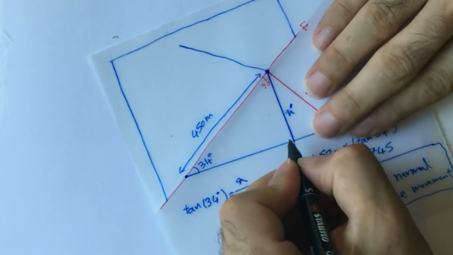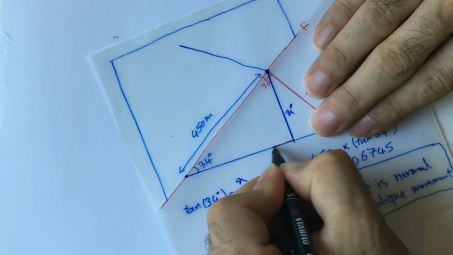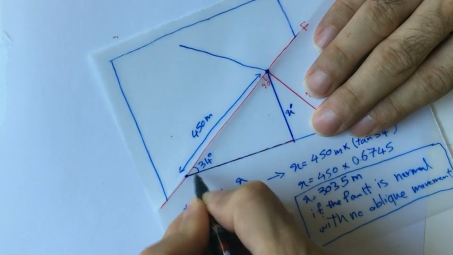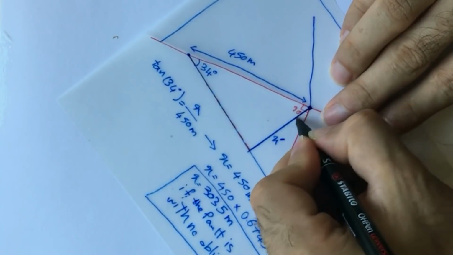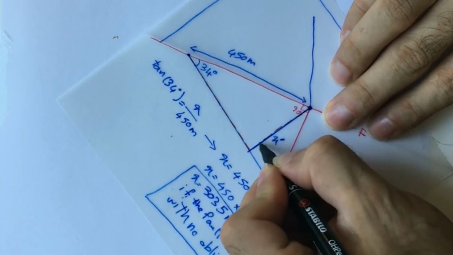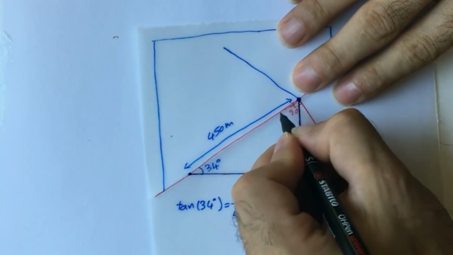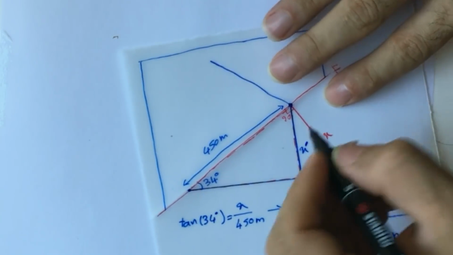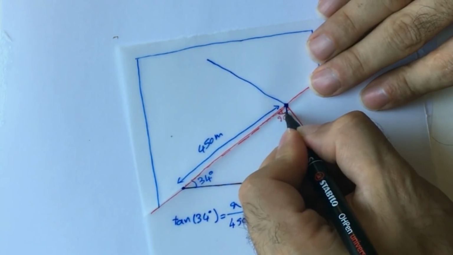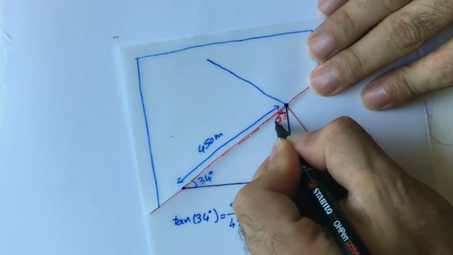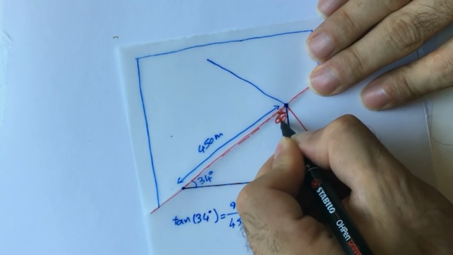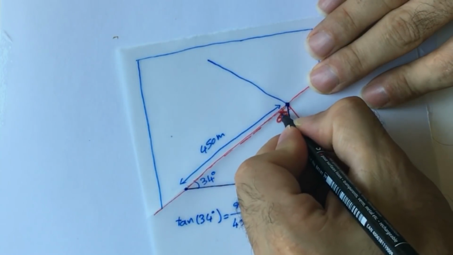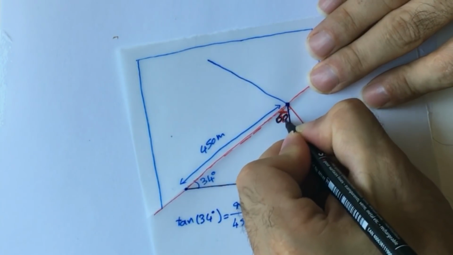Let me highlight the triangle that I will use this time with the dashed line. This angle should be 60 degrees, right?